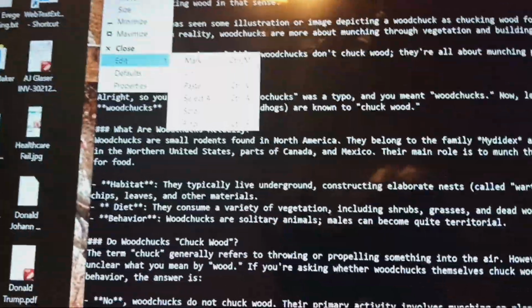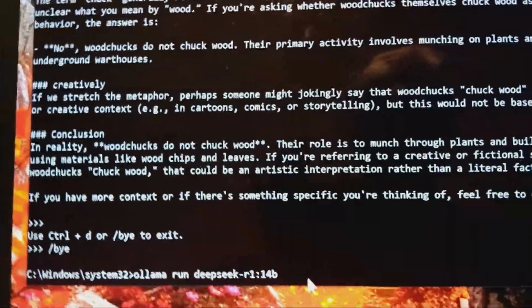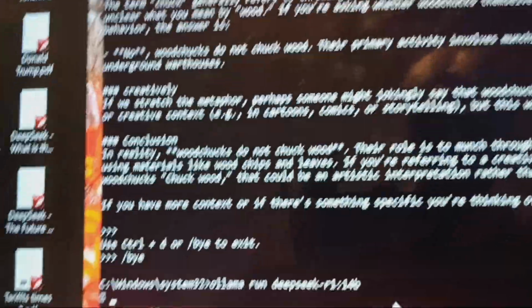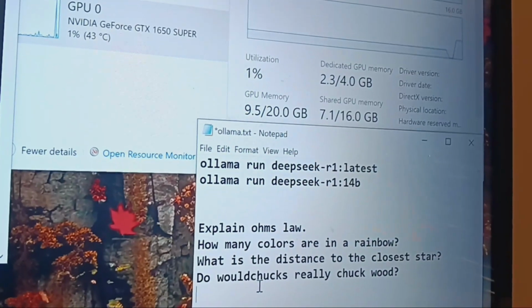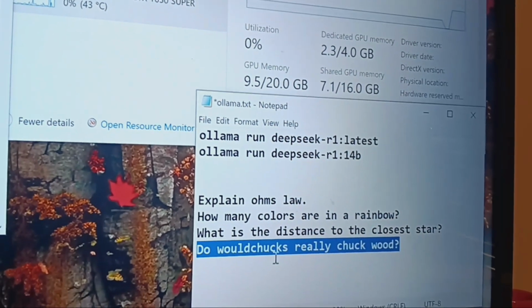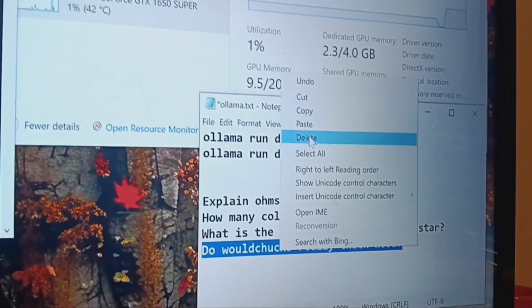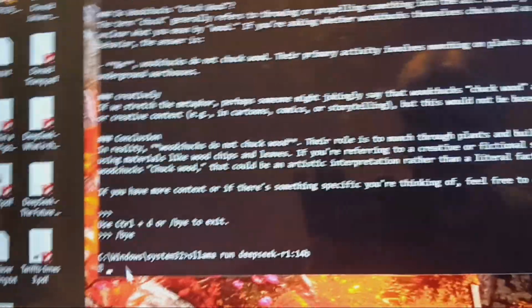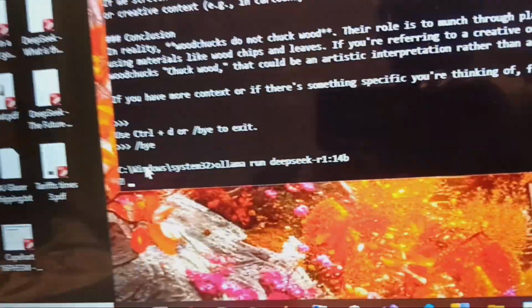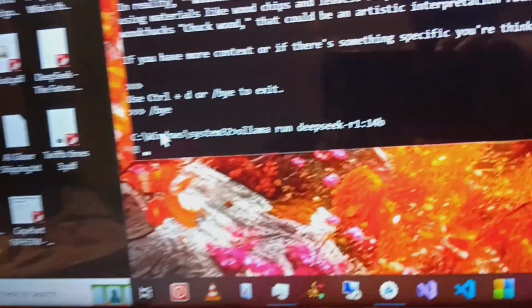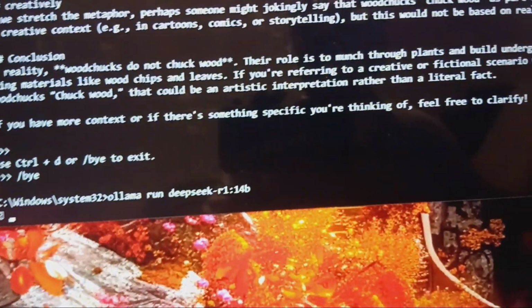Edit, paste. Okay, so now it's going to run that one. Look, it's already ready for an answer. Now I'm going to ask it the same bad question. Now remember, this one is twice as big as the one we were just doing. So edit and paste.